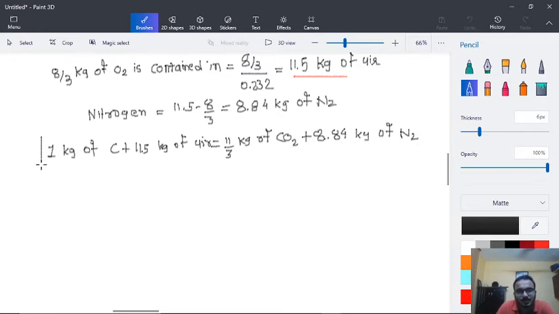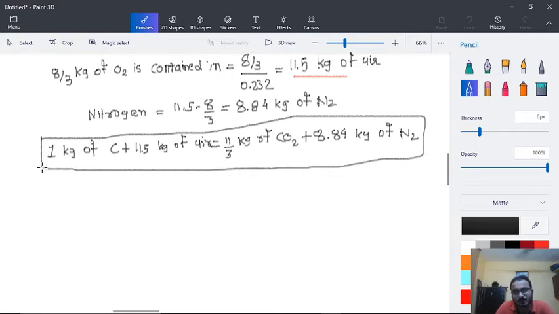So this is the way our final equation comes based on the mass analysis.